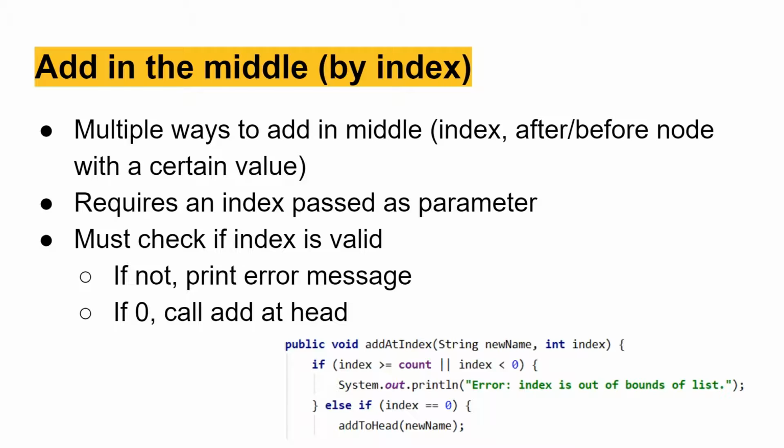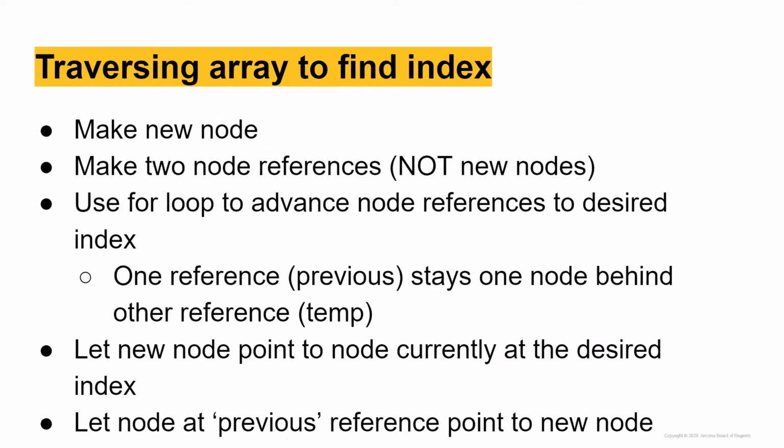So if we pass that, then we are going to check if it's equal to 0. If so, we're just going to call add to head and pass the new name node. Otherwise, we're going to traverse the list to find the index. So we're going to make a new node, and we're going to make two node references, not new nodes, node references.